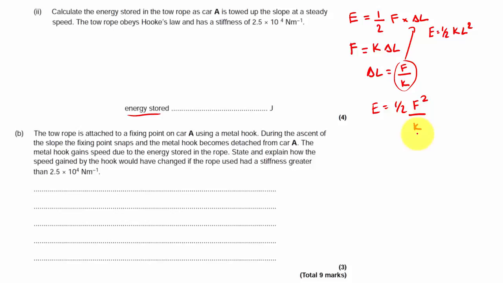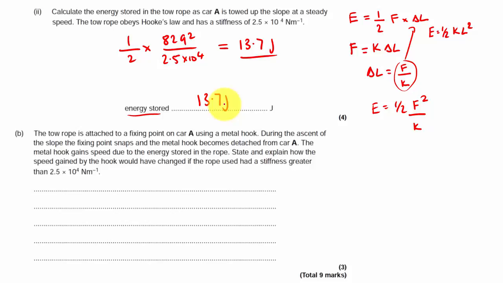So that would be a half times 829 squared divided by 2.5 times 10 to the 4. When I crunch through this on my calculator, I get a value of 13.7 joules. So my answer is 13.7 joules. Right, moving on to the next part of the question.